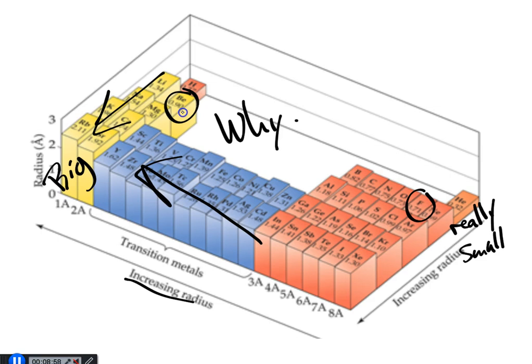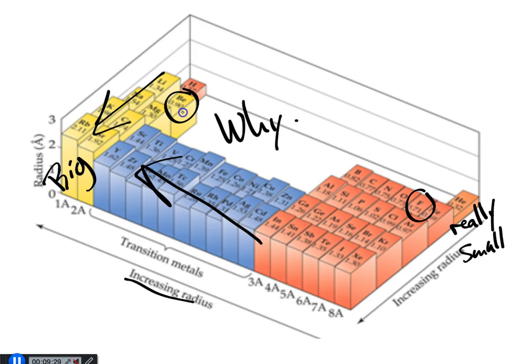All right. Now, because there's always exceptions, this is a generalized trend. We're not going to explain every little bump. Now, if that was a 5-point question, a 2-point answer would be because nonmetals are smaller than metals.